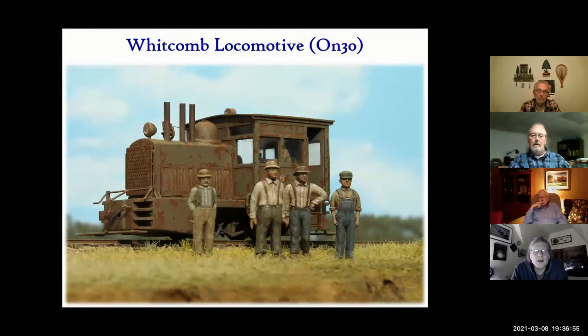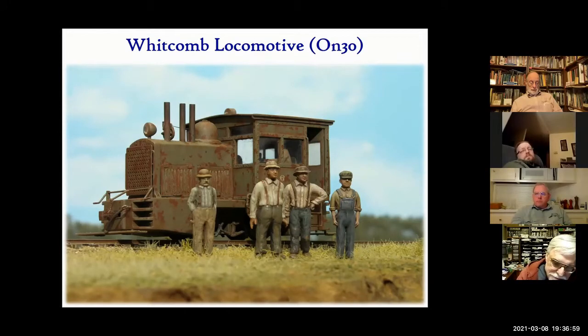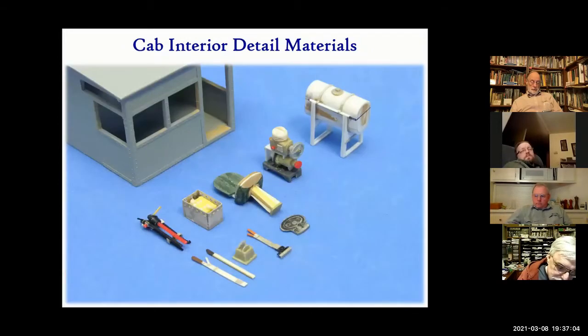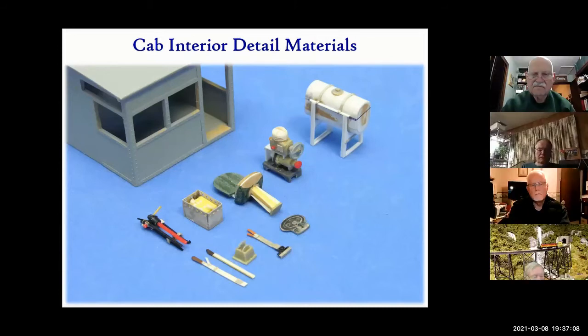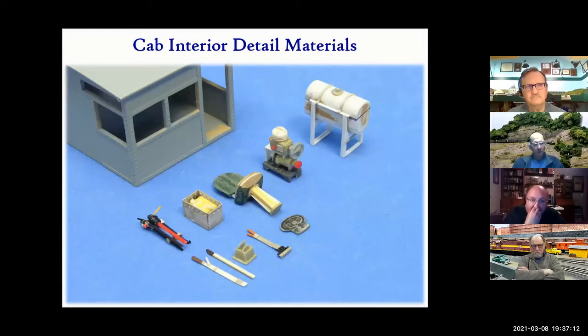All right, so we'll move on to locomotive detailing. Just the cab here. I was very fortunate to find a fellow that was restoring a Whitcomb, and he put entries on his blog, so you could follow along and learn a lot about the locomotive just by reading his blog.